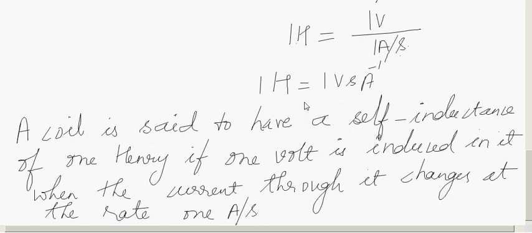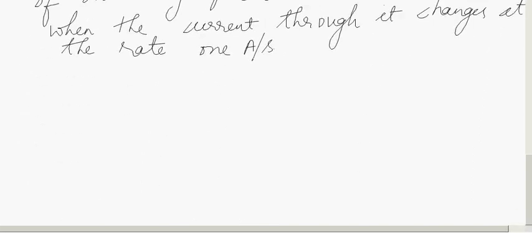From this equation it is clear. A coil is said to have a self-inductance of 1 Henry when 1 volt is induced in it when the current through it changes at the rate of 1 ampere per second. This is another way to define the self-inductance, or the unit of self-inductance, 1 Henry.